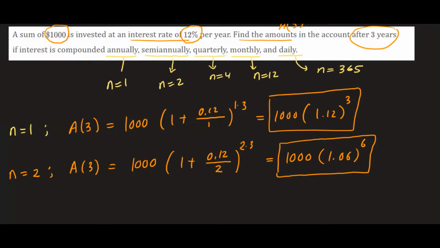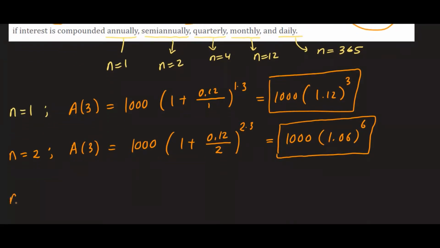Now let's do quarterly. We're going to choose n to be 4. So the amount after 3 years is going to be 1,000 times 1 plus 0.12 over 4 to the power, sorry, not 2, 4, that's our n value, times 3.